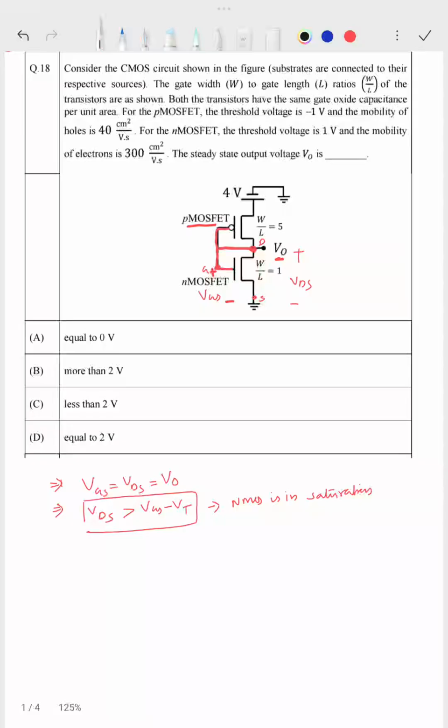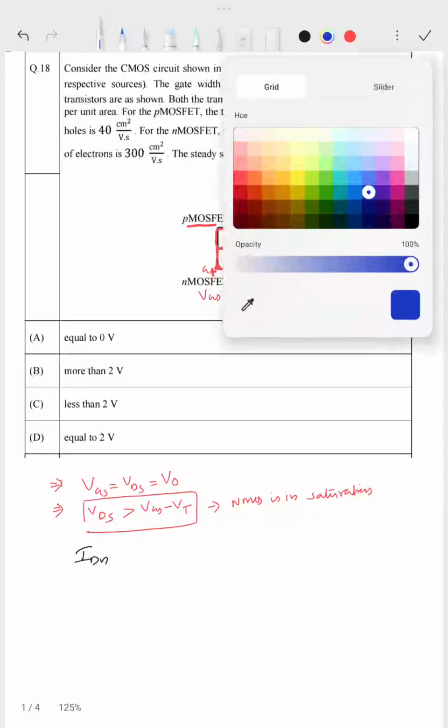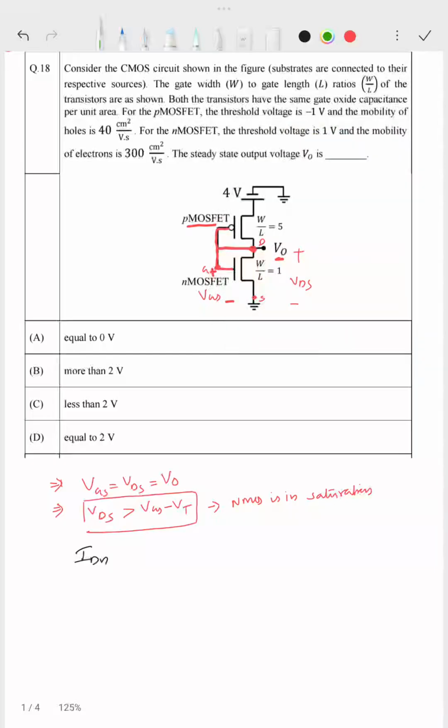I will call it IDN, corresponding to the current through the NMOSFET. So IDN is given as IDN equal to 1 by 2 mu n COX W by L of the NMOSFET, into VGS minus VT square.